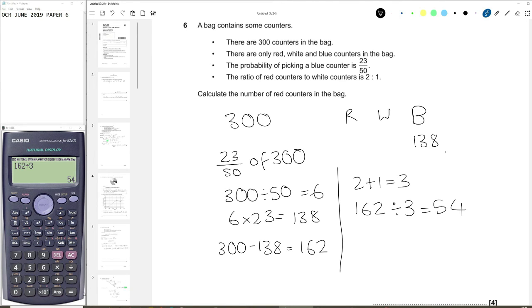And then I'll times it back onto my ratio. So 2 times 54 is 108. And 1 times 54, obviously it's just 54 as well. So 108 would be my red and 54 will be my white. So my answer would be 108.